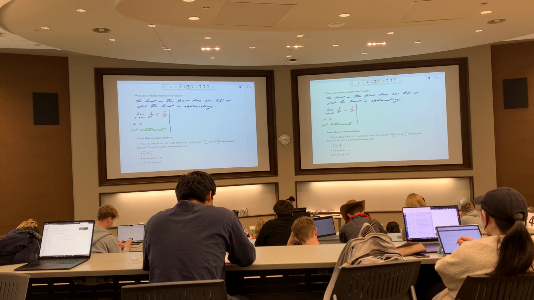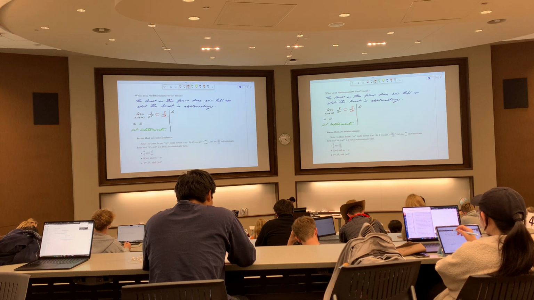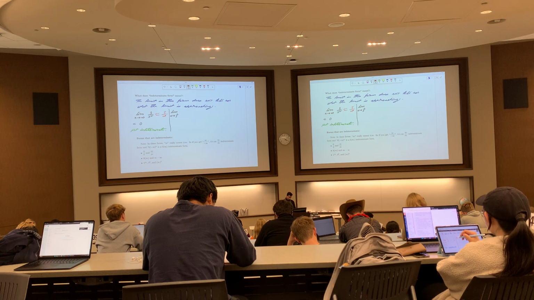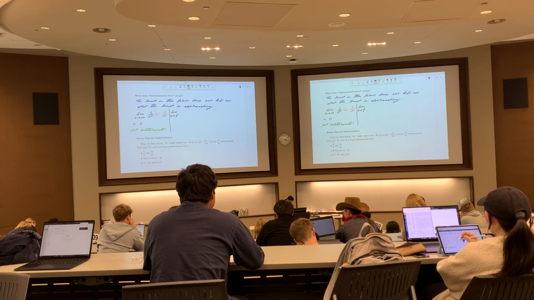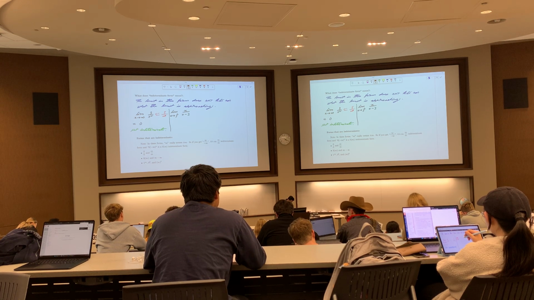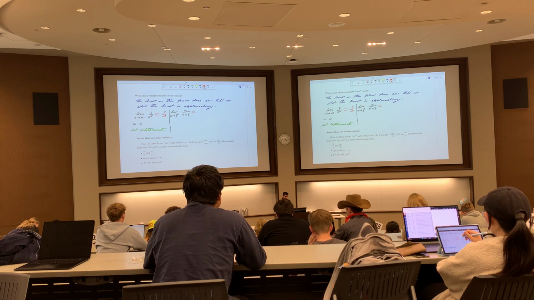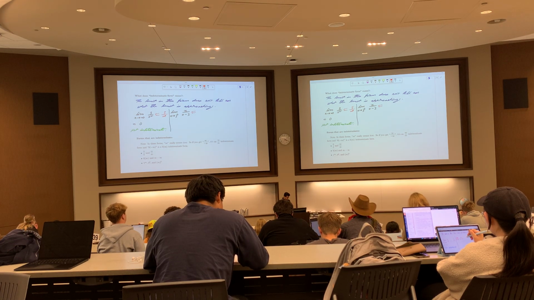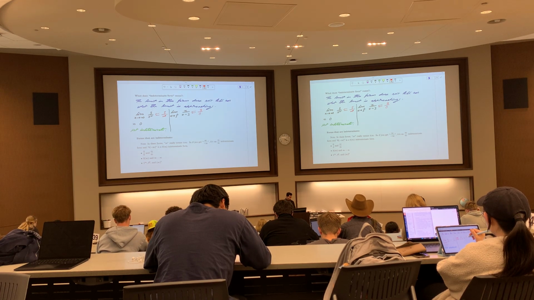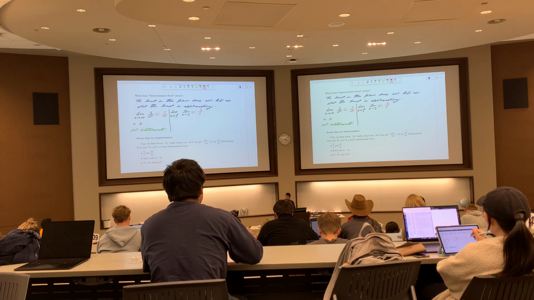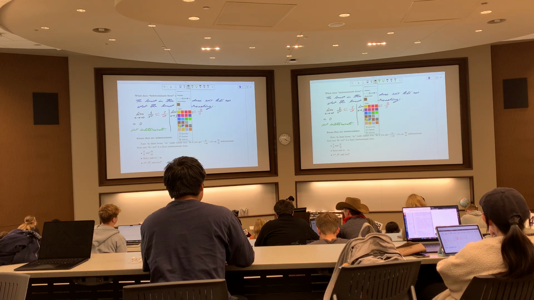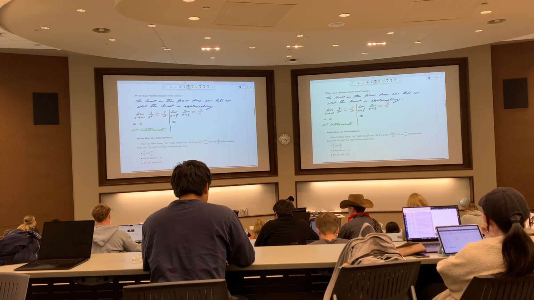Now let's take a look at another example. Let's say the limit as x approaches 3 plus, which means from the positive direction, of x over x minus 3. If we do the direct substitution, we get 3 over 0. Now, 3 over 0 is essentially a constant over 0, and that we can write as infinity.